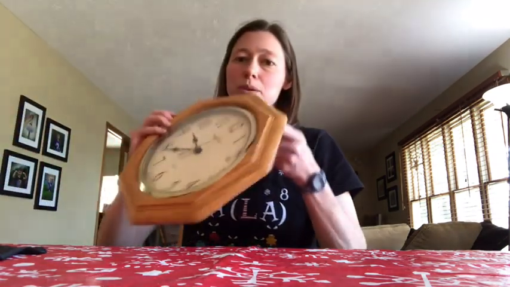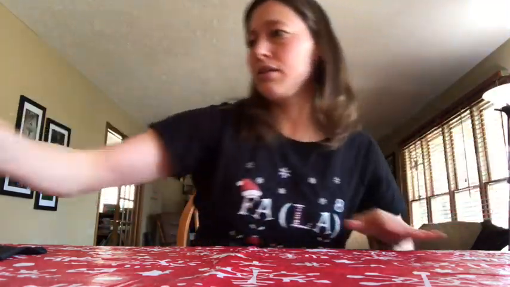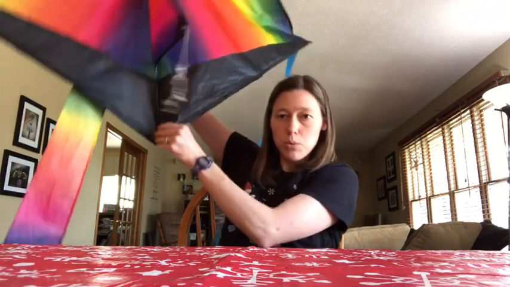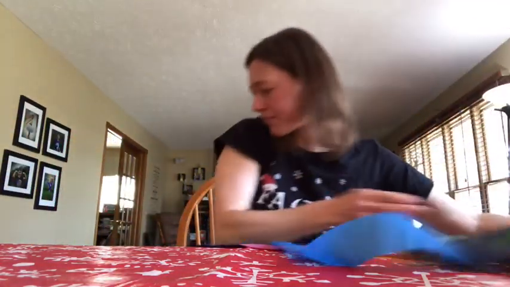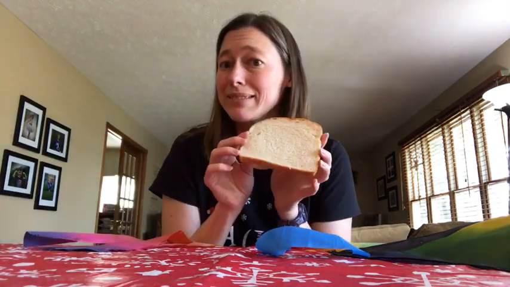I have my regular polygon, got an octagon, and I have my kite, and I couldn't find a trapezoid, so I'm going to make one out of this piece of bread.